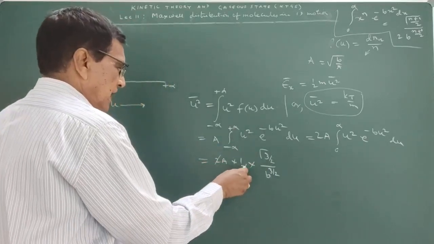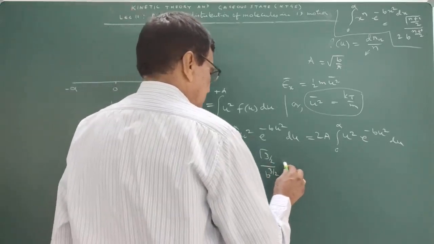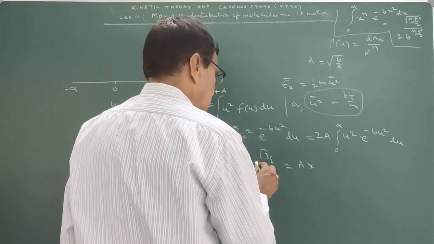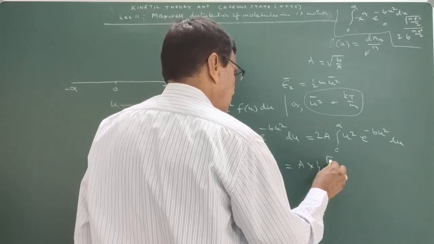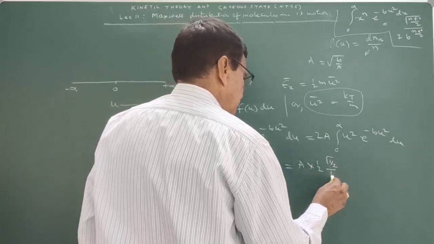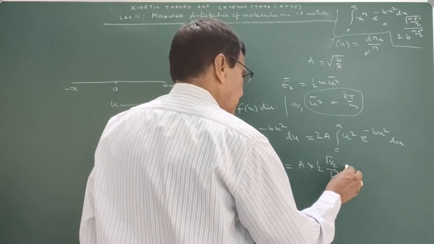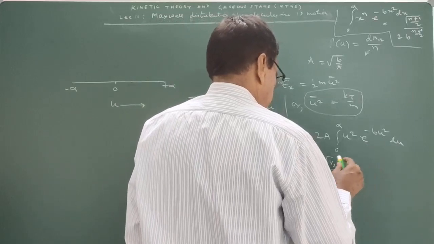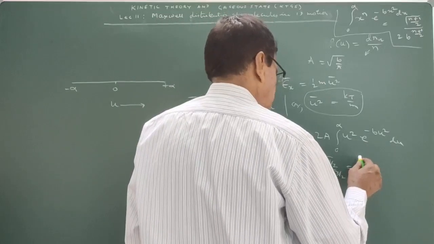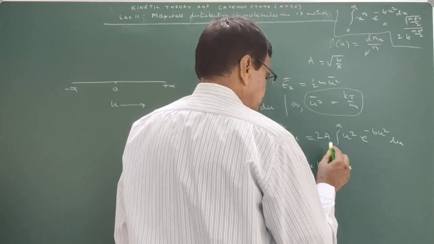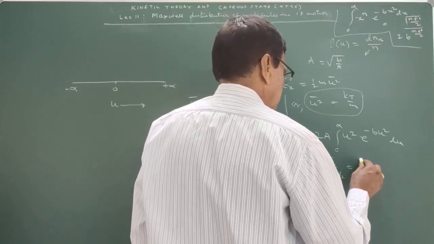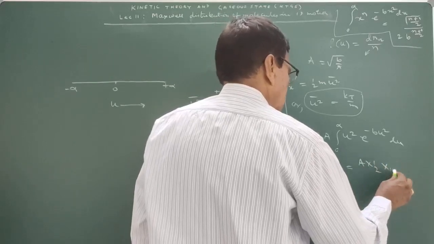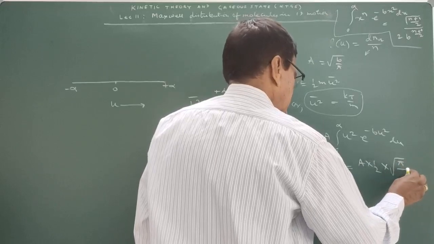So 2 and 2 cancel, and A into gamma 3 by 2 equal to half gamma half divided by b to the power 3 by 2, and gamma half is root pi. So A into half into root over of pi divided by b cube.